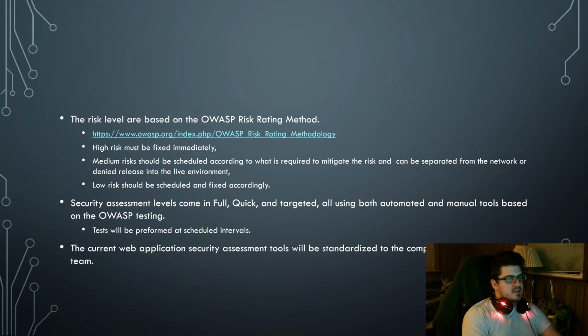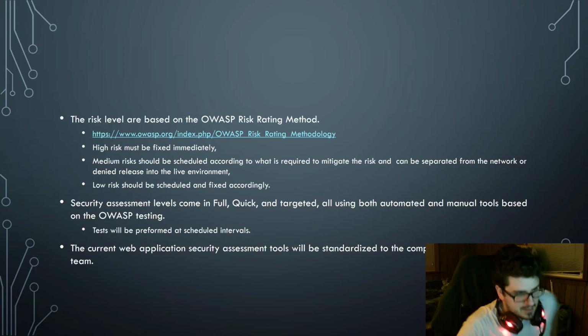Current web application security assessment tools are going to be standardized in the company and the InfoSec team. So if somebody leaves, you can put up an employment notice saying we need somebody familiar with this security equipment, because this is what we use. We use McAfee antivirus, and if you're familiar with McAfee, there are obviously more tools than that. Wireshark, protocol analyzers and stuff.